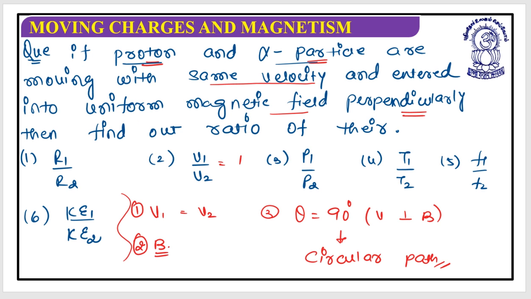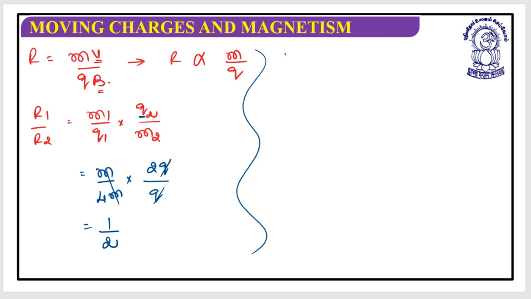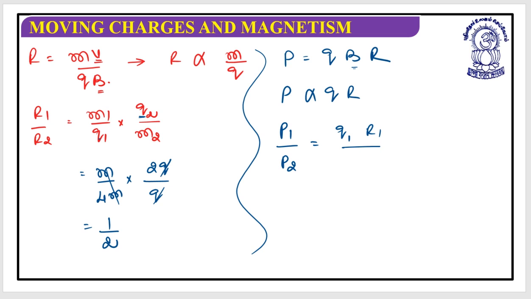Now I am done with this. Let's move to the momentum. Momentum p is equal to qBr. They are moving in the same magnetic field, so p is directly proportional to q into r. So p1 is to p2 is equal to q1 r1 divided by q2 r2.